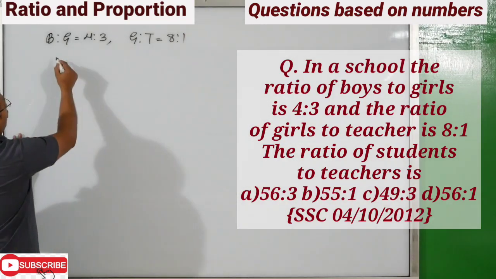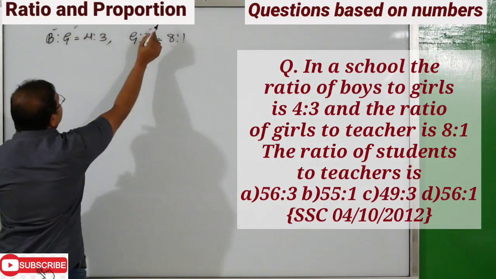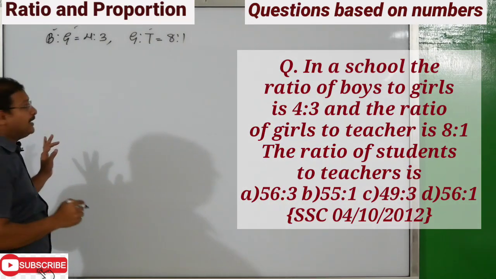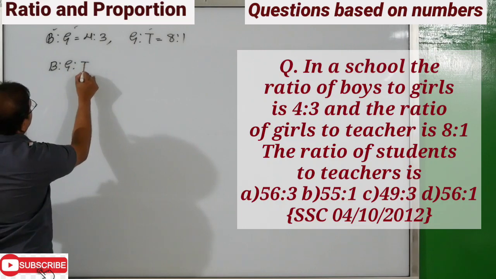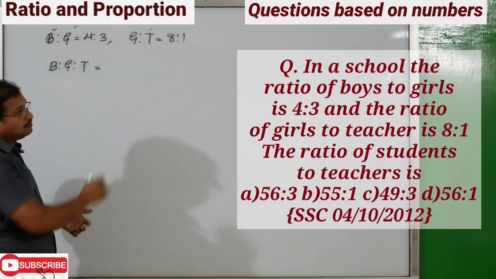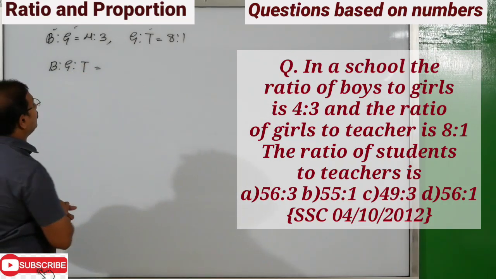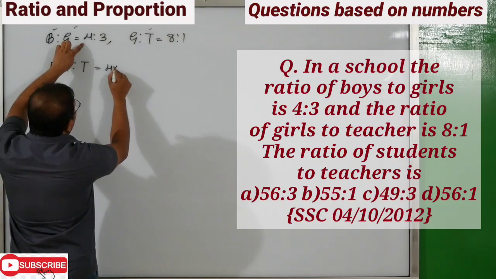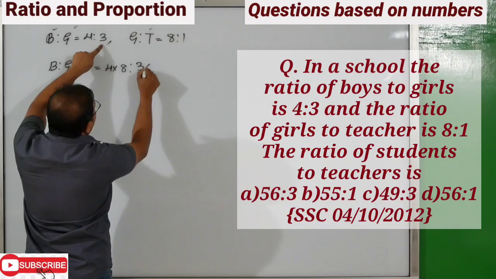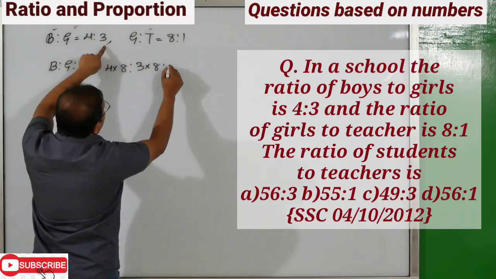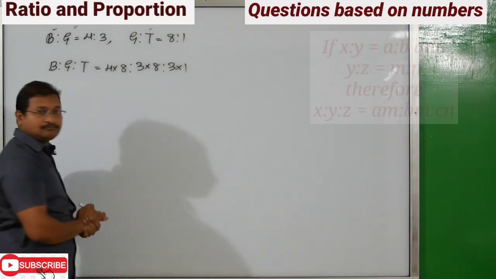Now we will find out boys, girls and teacher together. Boys is to girls is to teacher equals, what will you do? 4 into 8 is to 3 into 8 is to 3 into 1.